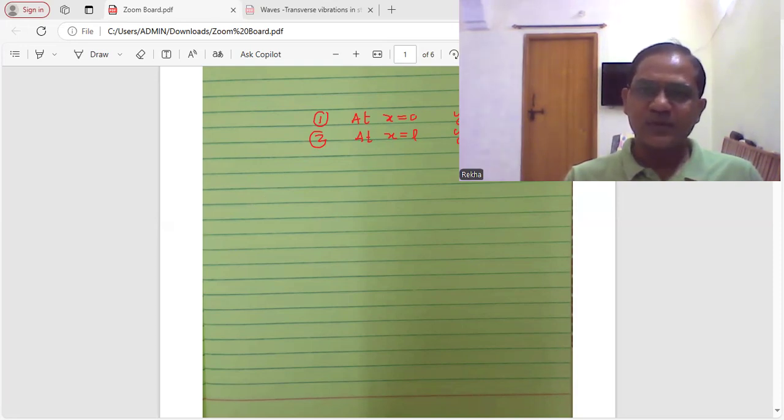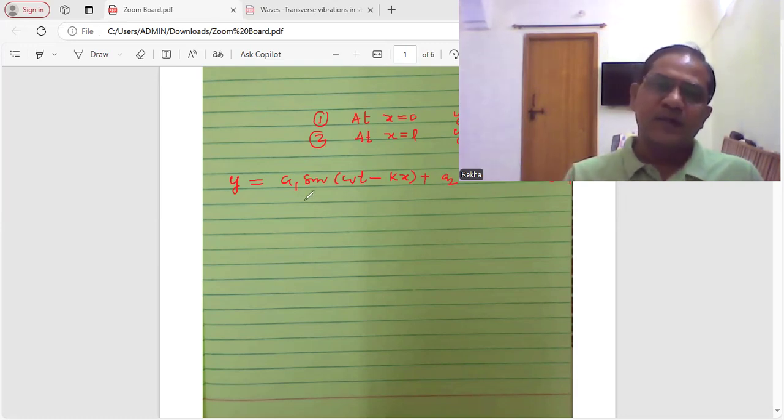Substituting this in equation 2, what we get? So what is equation 2? y is equal to A1 sin(ωt − kx) plus A2 sin(ωt + kx) plus B1 cos(ωt − kx) plus B2 cos(ωt + kx).